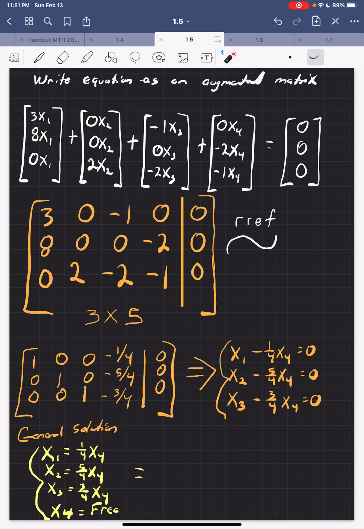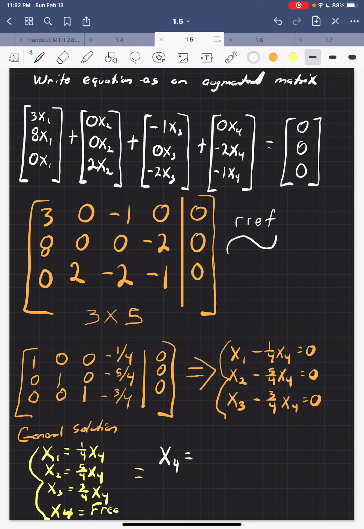Now, how does this get us to a solution? There are infinitely many solutions to balance that equation. At this stage, you have to pick an x sub 4, because x sub 4 is free. As soon as you pick an x sub 4, you can plug that in here and I'll tell you what x sub 1 is, and plug that in here and I'll tell you what x sub 2 is.